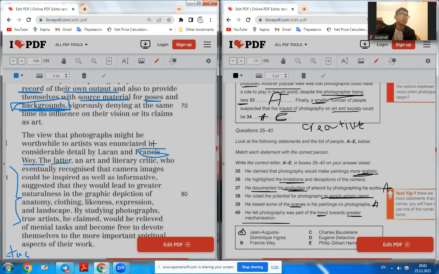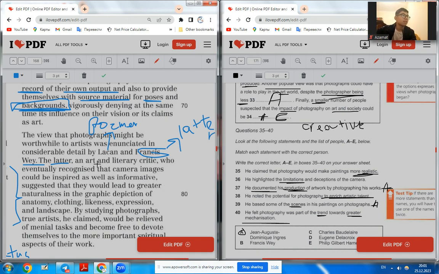The latter means the second person. For example, Lassen is the former, and Francis Wey is the latter.